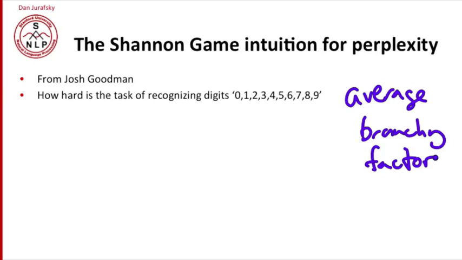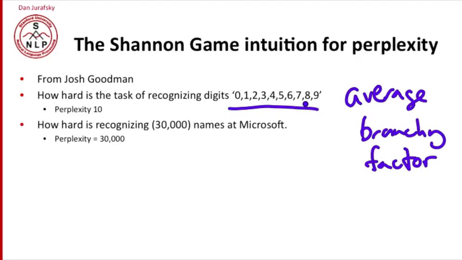We'll see later this is related to the entropy of the upcoming things. But roughly speaking, if I had 10 possible words that could come next and they were all equal probability, my perplexity would be 10. So if I'm recognizing the 10 digits, then the perplexity of the task is 10. There's 10 possible things that could come next and I can't decide between them.